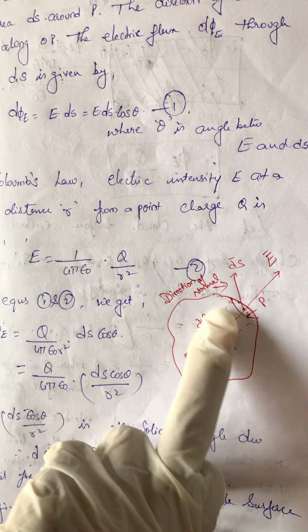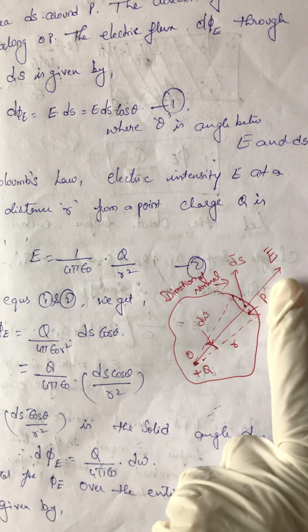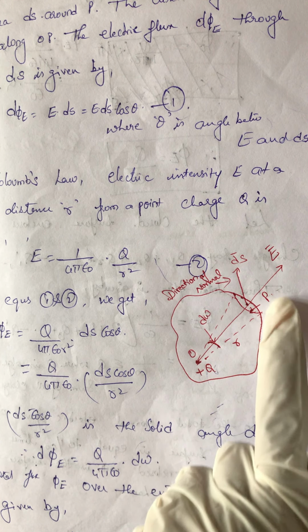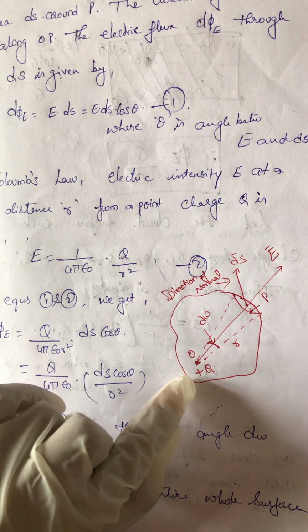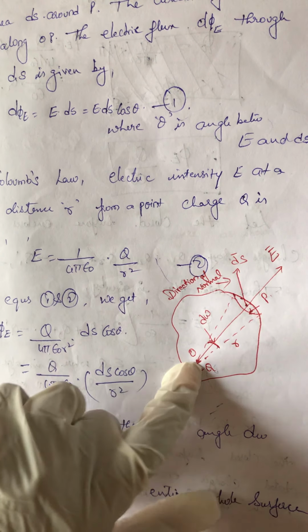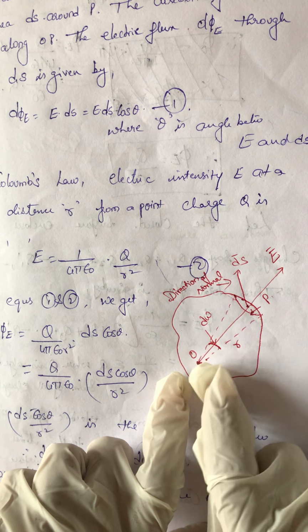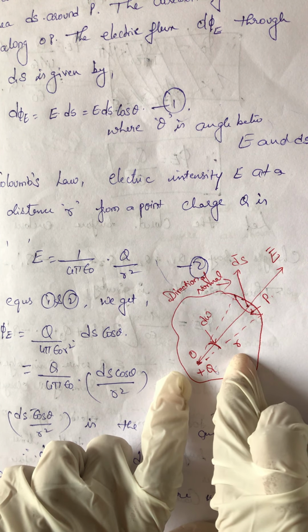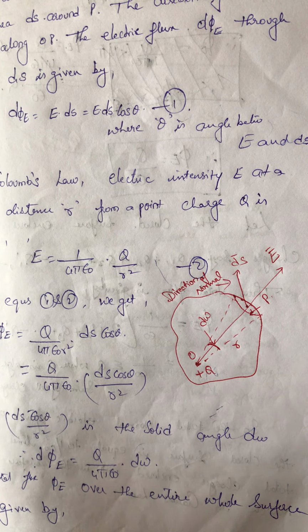This is our small surface indicated by dS at a point P. The electric field direction is this way, this direction E, this is dS. Now the distance from here to point P is r. The angle joining these two lines is d omega, the solid angle.